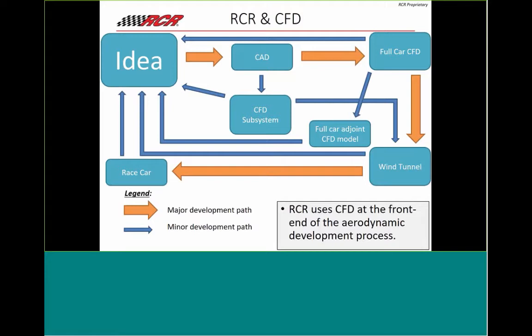Eventually, all of those make their way into the wind tunnel as the validation. The wind tunnel test will validate parts, and they either go on the race car or they don't. And then, of course, at the racetrack, as it's implemented on the race car, that feeds new ideas, and you can see how this is a closed-loop design system.